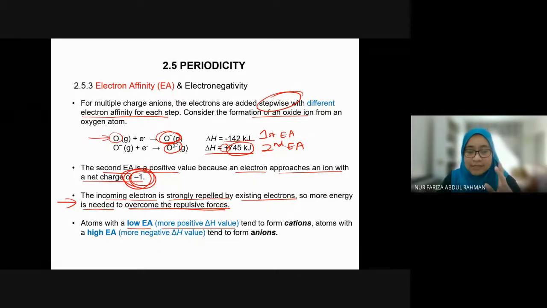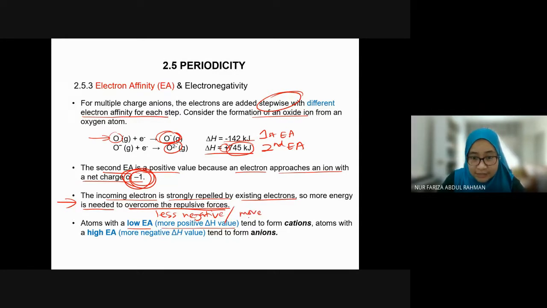It carries the same meaning: less negative means more positive. Atoms with a low EA tend to form cations. Atoms with a high EA, having a more negative value or less positive value, tend to form anions.